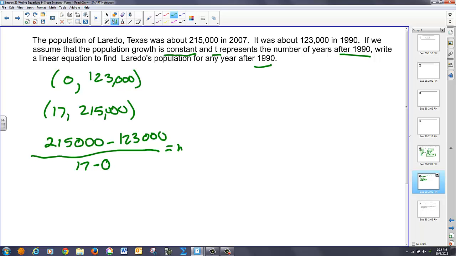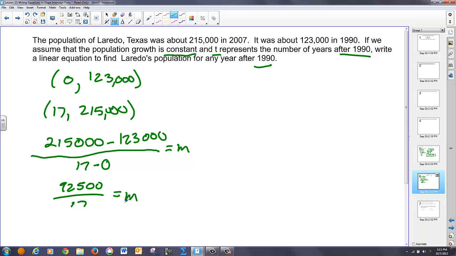And that will equal our m value. So 215,000 minus 123,000 is equal to 92,000 all over 17, and that's going to equal m.